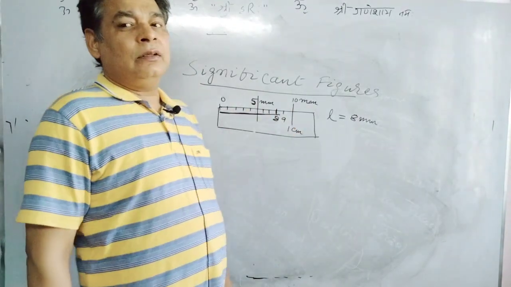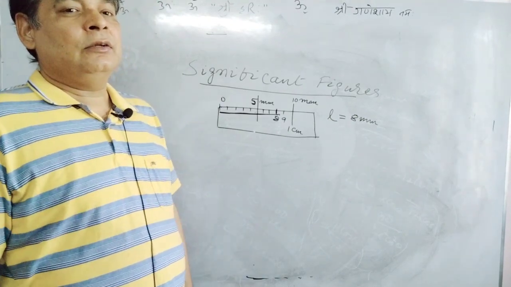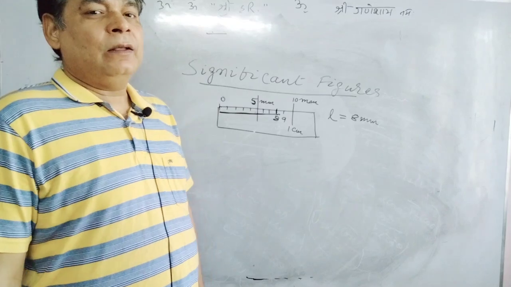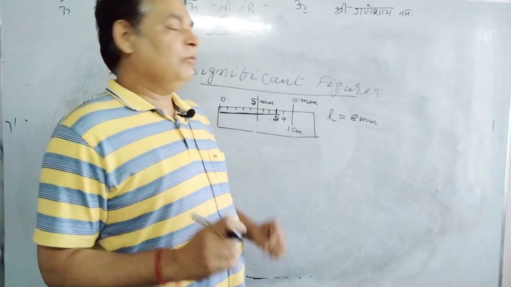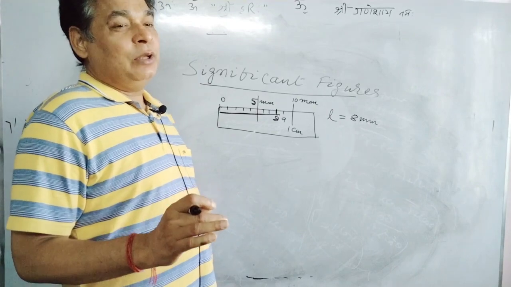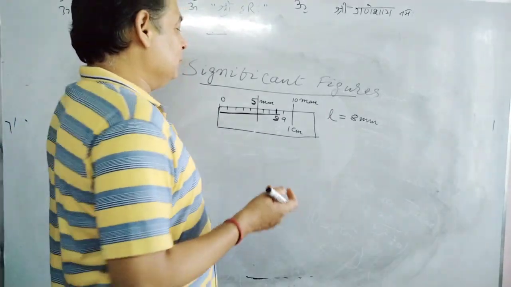Then, to be more correct or to give more accuracy, we want to guess something. There is no idea to guess this one because there is no measuring scale here to guess. But we have to do it. How?